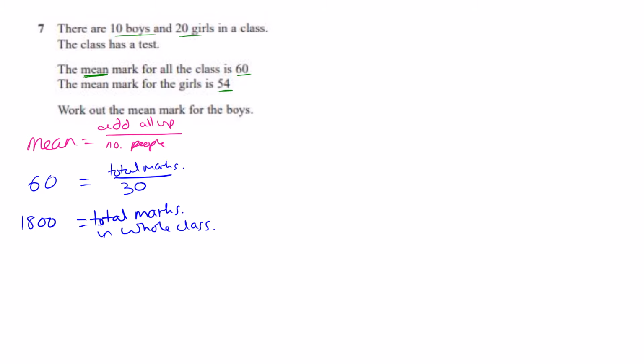So now let's have a look at the girls. Same thing again. Let's use a different colour. 54 is our mean, which is equal to total marks divided by the number of girls. Now, make sure this time we're only using 20, because there are only 20 girls in the class, and before we had 30 because it was 30 students altogether.